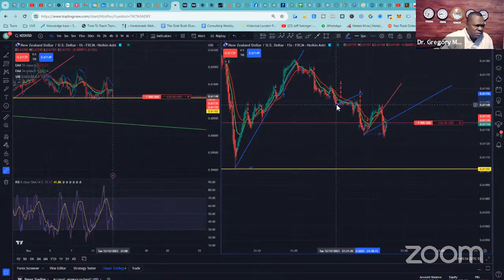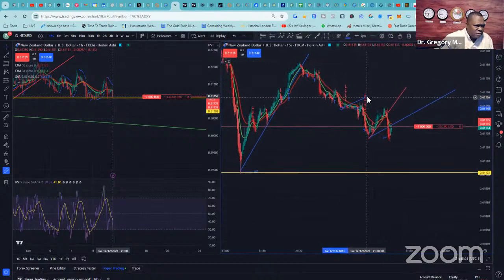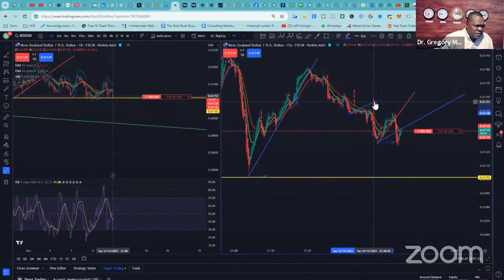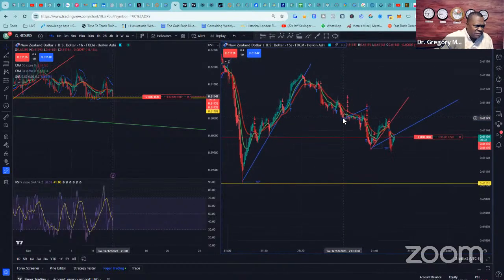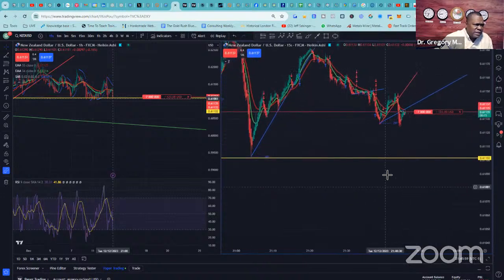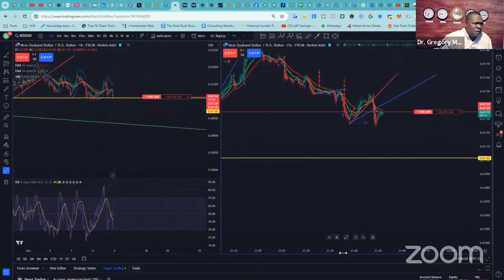Like here, it's almost in single digits. I can't move it. Yeah, like that. If it was in single digits like that, it just drops.